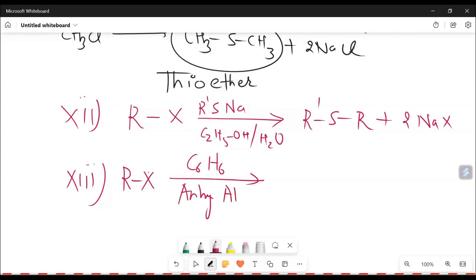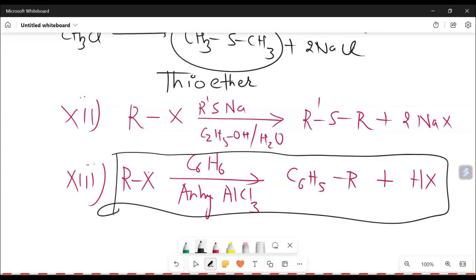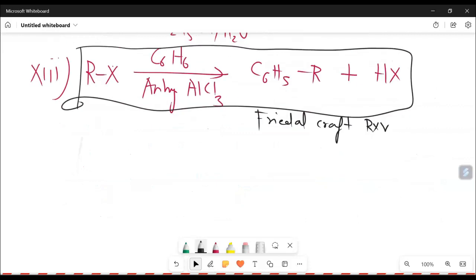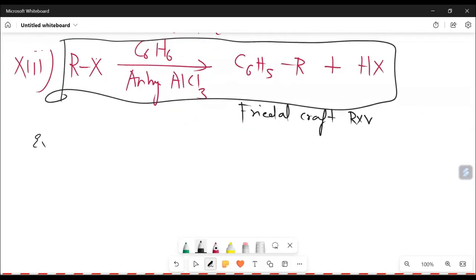It will form C6H5R plus HX. Remember, like Williamson synthesis for ether, this is the Friedel-Crafts reaction. You can write down the example regarding that.